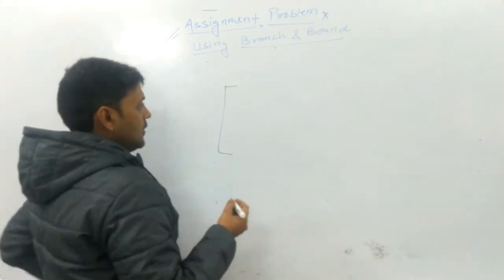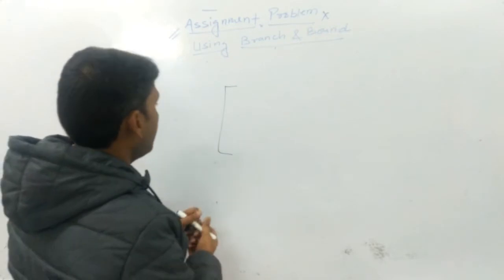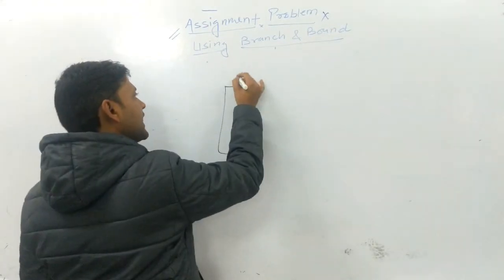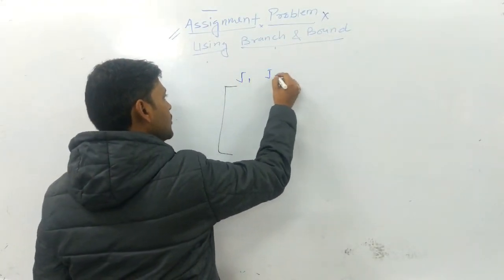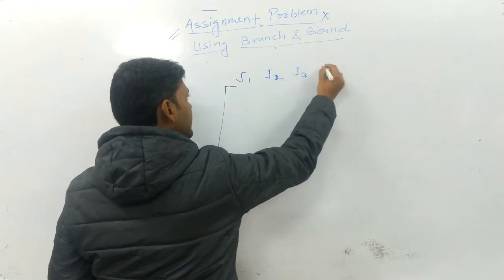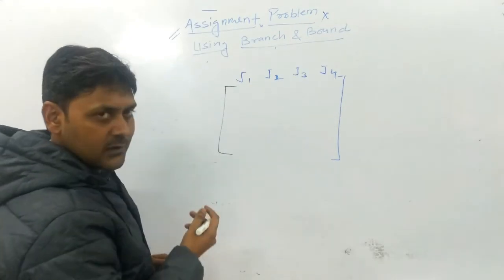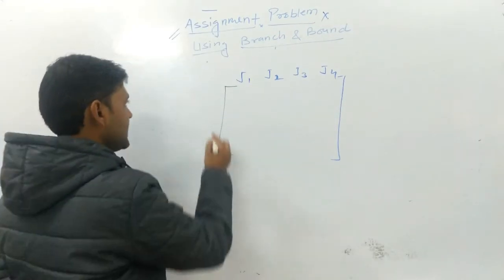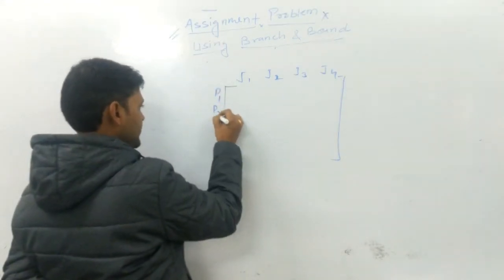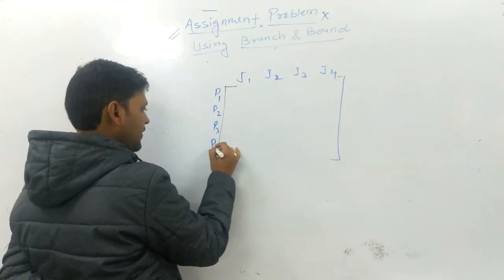This is a matrix. Take the jobs J1, J2, J3, and J4. The number of jobs is 4, and the number of persons is also 4: P1, P2, P3, and P4.